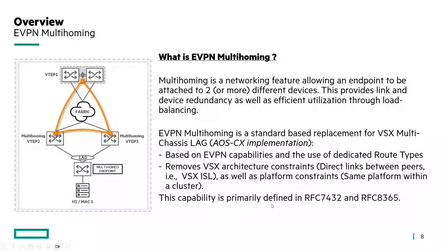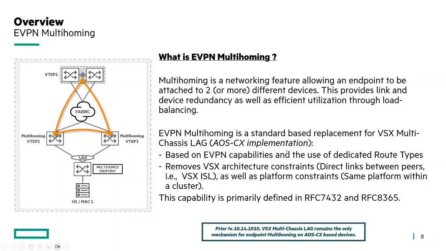And so this capability, as you can see, is defined within RFC 7432 and RFC 8365. And as I just mentioned, prior to 10.14.1010, VSX multi-chassis LAGs remain the only mechanism for doing multi-homing on AOS-CX based devices.